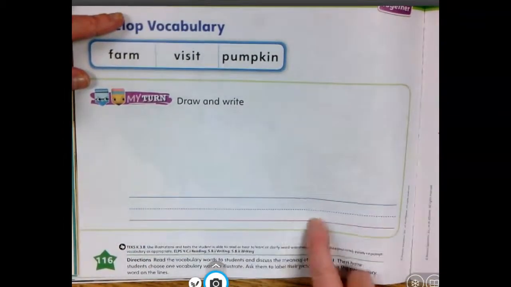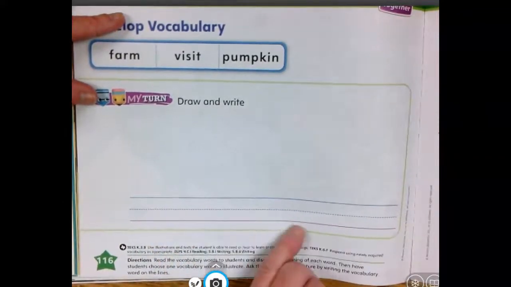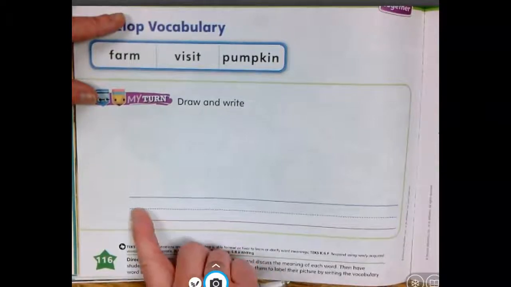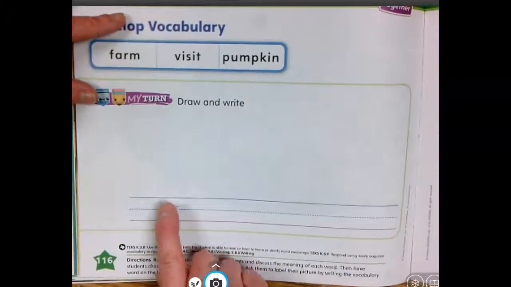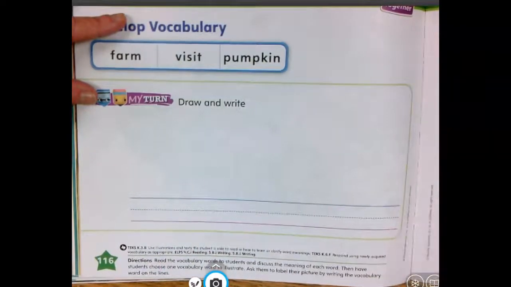And you can write that here on the line. And if you want to, you can write a sentence. Just remember to begin with an uppercase letter, use a finger space between words, and end your sentence with a period. Happy drawing!